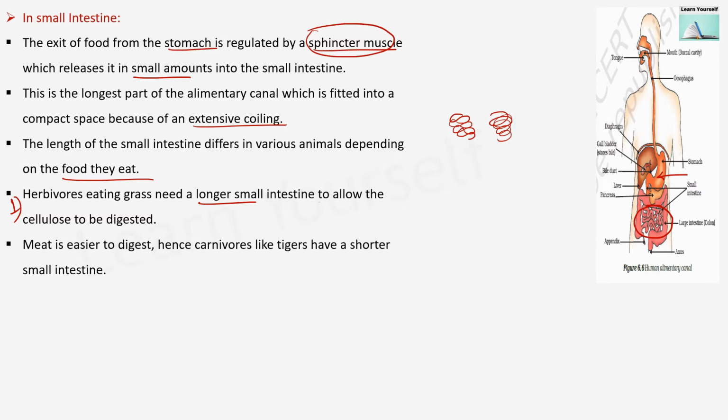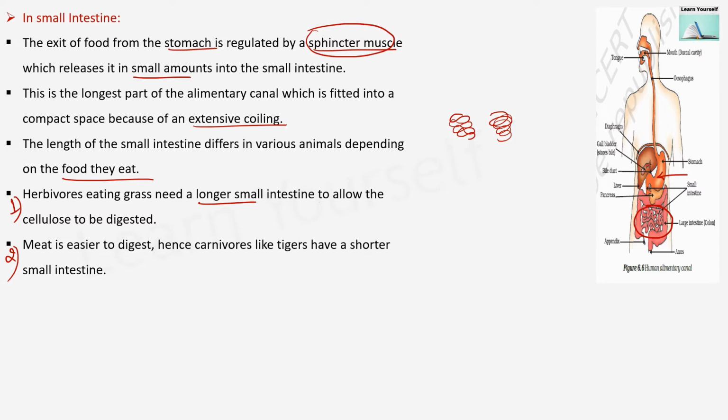To digest cellulose is a complex process compared to meat. So herbivorous animals have a longer small intestine. Whereas meat is easier to digest, and hence carnivorous animals like tigers have a shorter small intestine. So this is the difference in the small intestine in herbivorous and carnivorous animals.